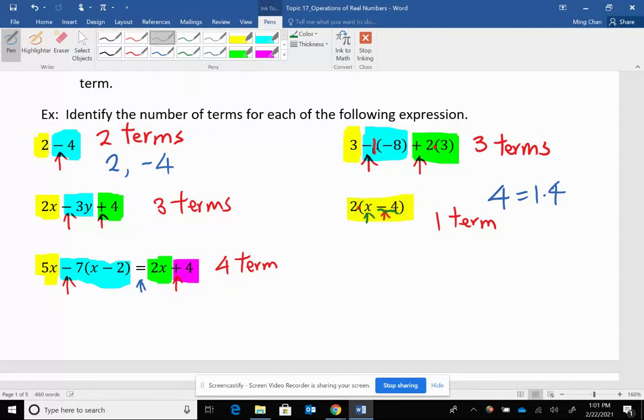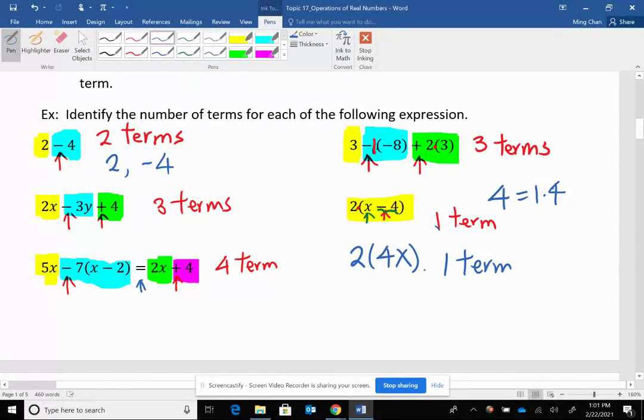Why does it matter? Well, if I give you a problem that says 2 times 4x, 2 times 4x is only 1 term, right? Because there are no plus or minus signs outside the parentheses. And if you look inside the parentheses, there is no plus or minus sign. So this problem is 1 term, and inside the parentheses is also 1 term.